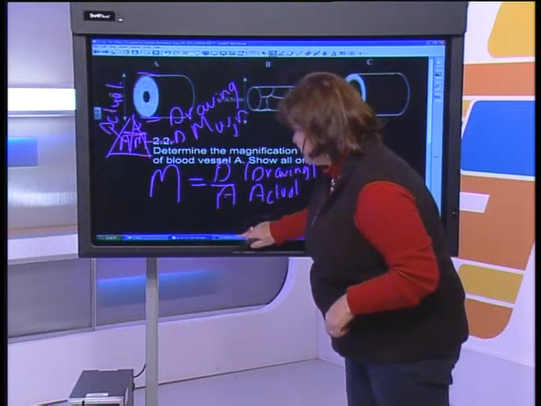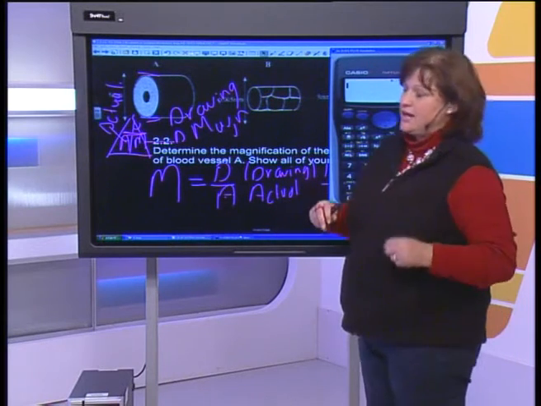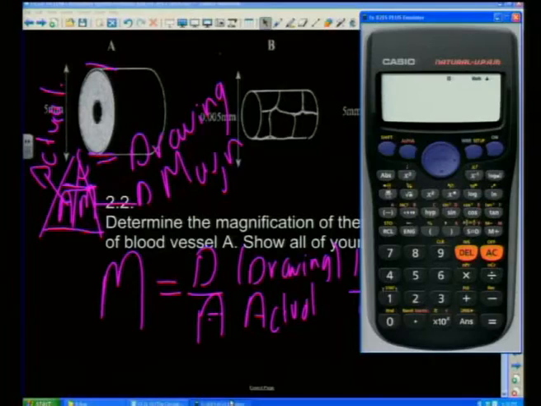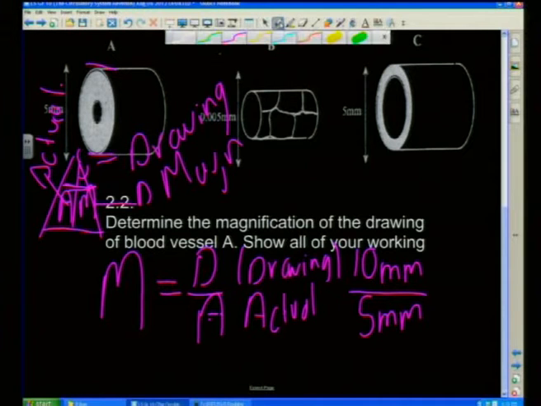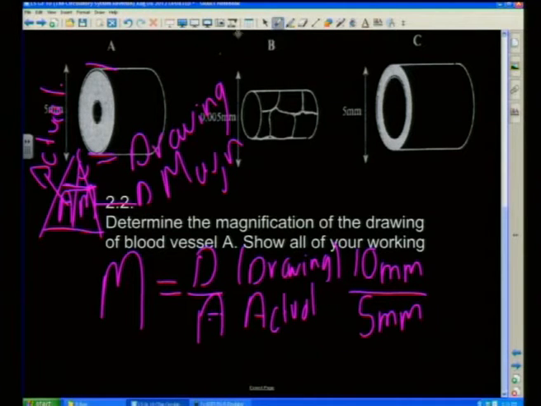I think it's easy enough, but just to make sure: what's 10 divided by 5? We get 2. And the answer is 2 what? Let's get back to the pen. Our answer is 2 times.